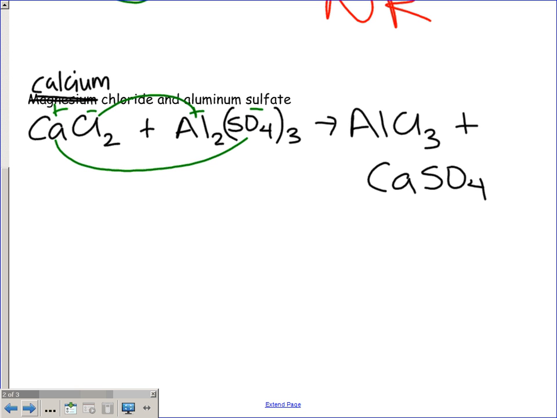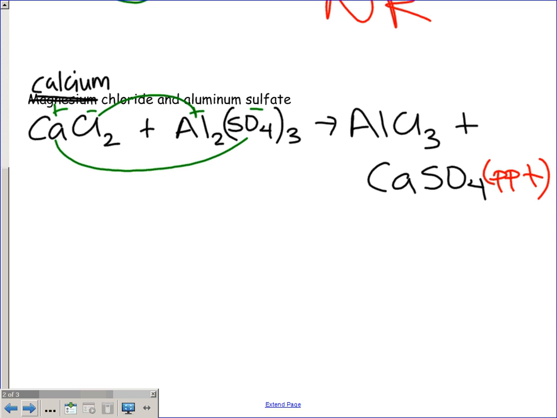Now let's go read our rules. Chlorides are listed under the soluble, second bullet. All chlorides except silver, lead, or mercury. Well, aluminum is not silver, lead, or mercury, so it's soluble. Now let's find sulfates. All sulfates except calcium, strontium, barium, mercury, lead, and silver are soluble. Well, calcium is the exception. So calcium sulfate is going to be our solid.